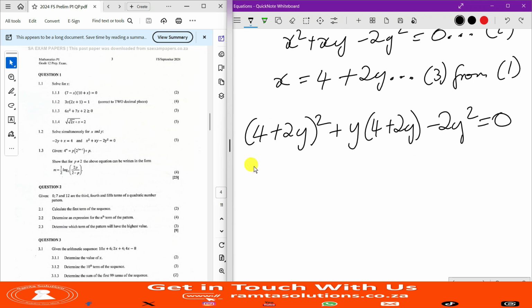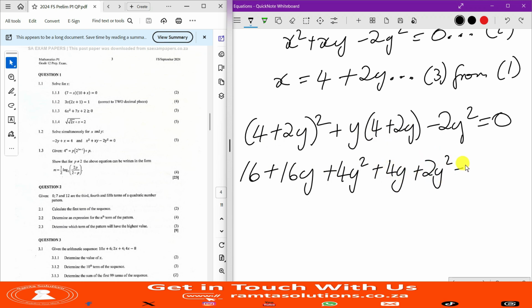Right? So what is this? This simplifies to 16 plus, oh no, this is 8. It'll be 16y plus 4y squared plus 4y plus 2y squared minus 2y squared equals 0, isn't it?